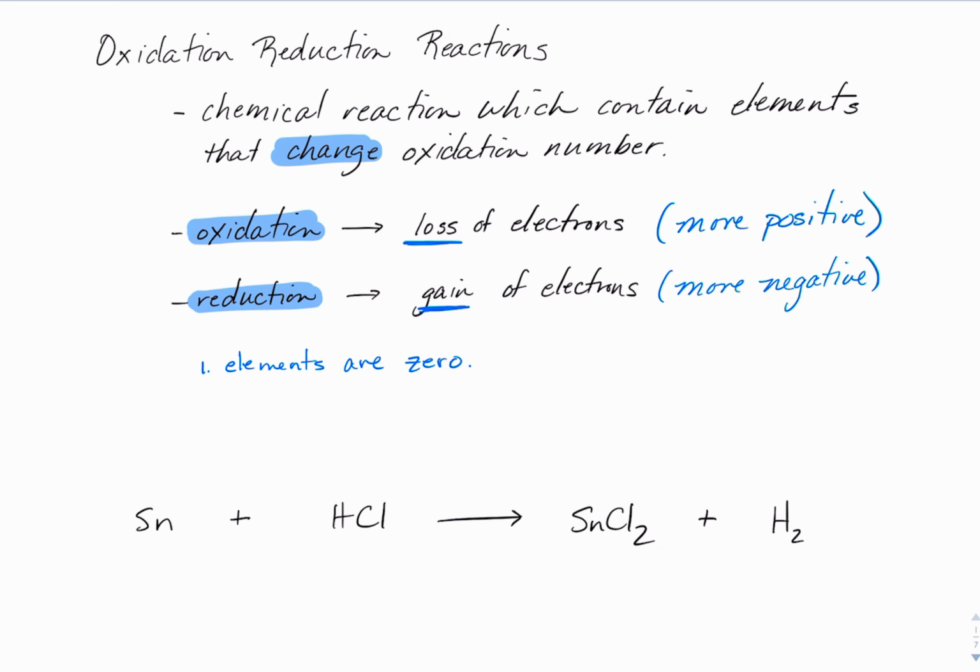So Sn, down here in this chemical reaction, actually has an oxidation number of 0. So does H2 on the product side, because this is just the elemental form of hydrogen. By itself, it has a 0.